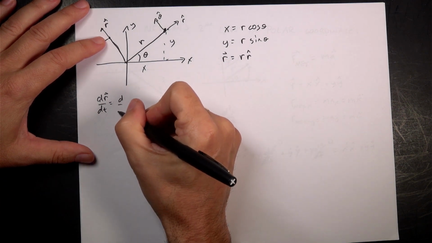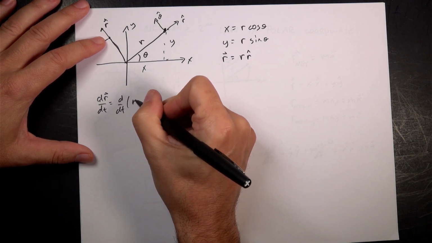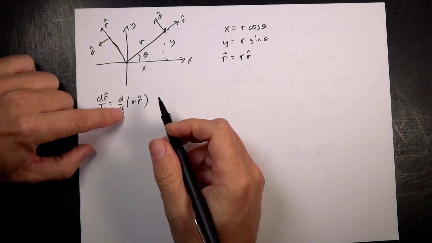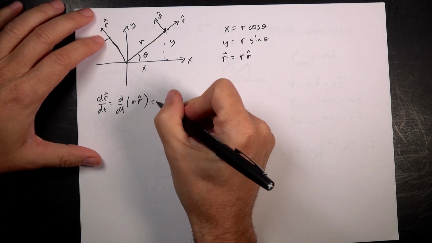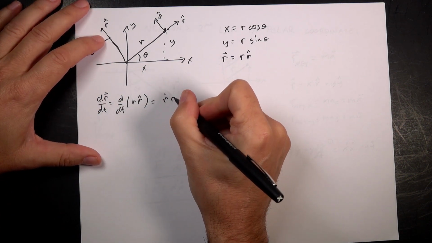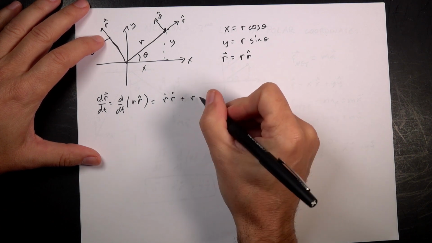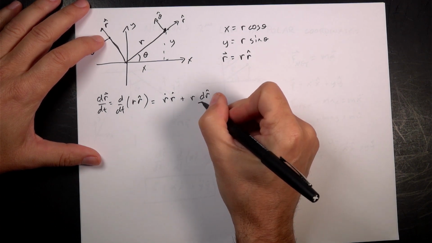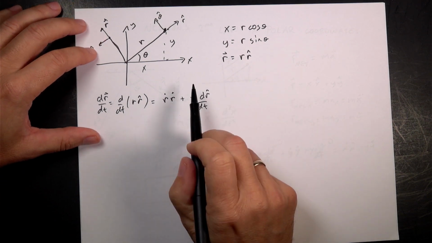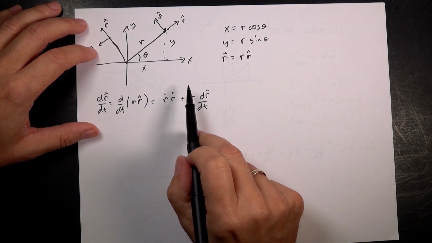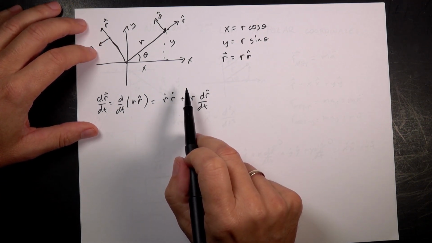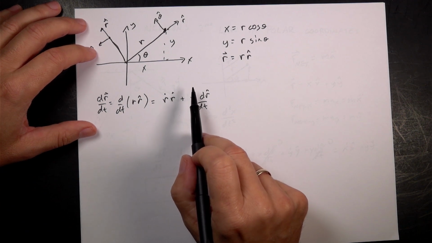Let's just write it out: d/dt of r r hat. So it's going to be r dot r hat plus r times the derivative of r hat with respect to t. But what's the derivative of r hat with respect to t? It's not so obvious.